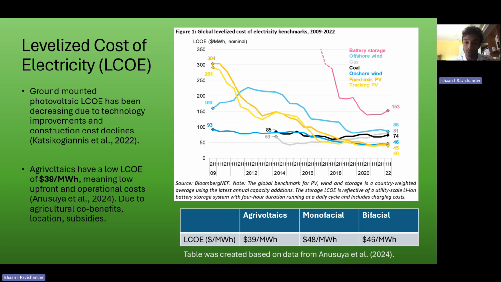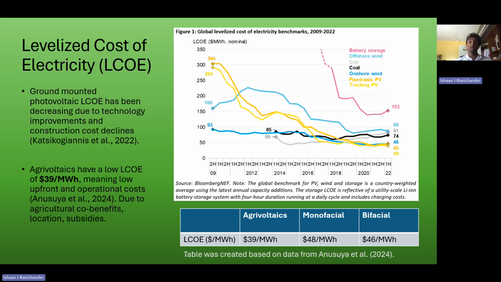Looking at the diagram on the right, we can see that photovoltaics rank among the best in terms of levelized costs, with fixed axis photovoltaics having a levelized cost of electricity of $45 per megawatt hour, and tracking photovoltaics having a levelized cost of electricity of $40 per megawatt hour. Studies have shown that in developing countries with ideal conditions, agrivoltaics can have low LCOEs as well.